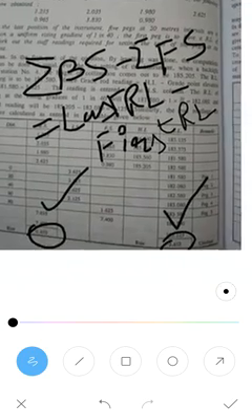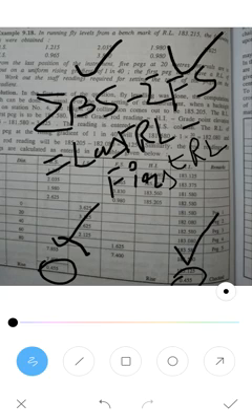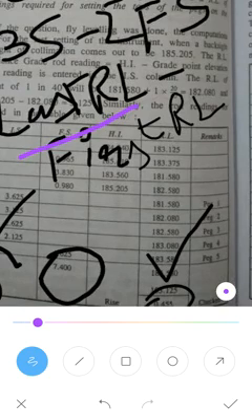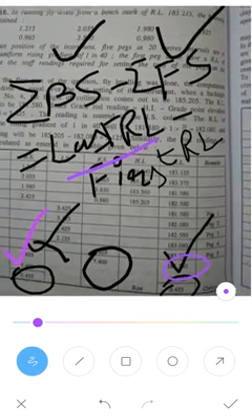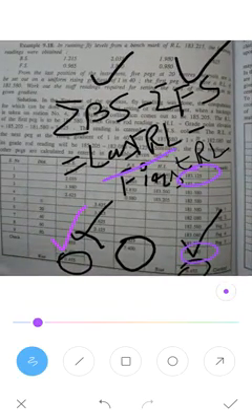Summation of BS is 7.855, summation of FS is 7.400, which gives 0.455. The last RL is 183.580 and the first RL is 183.125; if you subtract that you get 0.455.